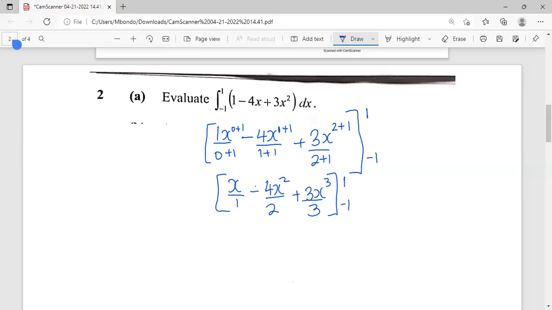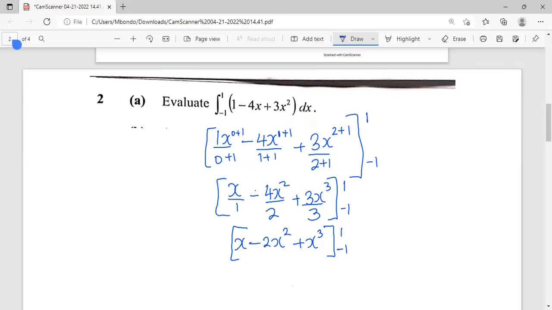So now we simplify further. The first one will just be x. Then when you divide 4 by 2, it will give you 2x squared. Then plus x to the power 3, you divide 3 by 3 here. This is what we're going to get, with limits 1 and negative 1. Then we go down and continue.